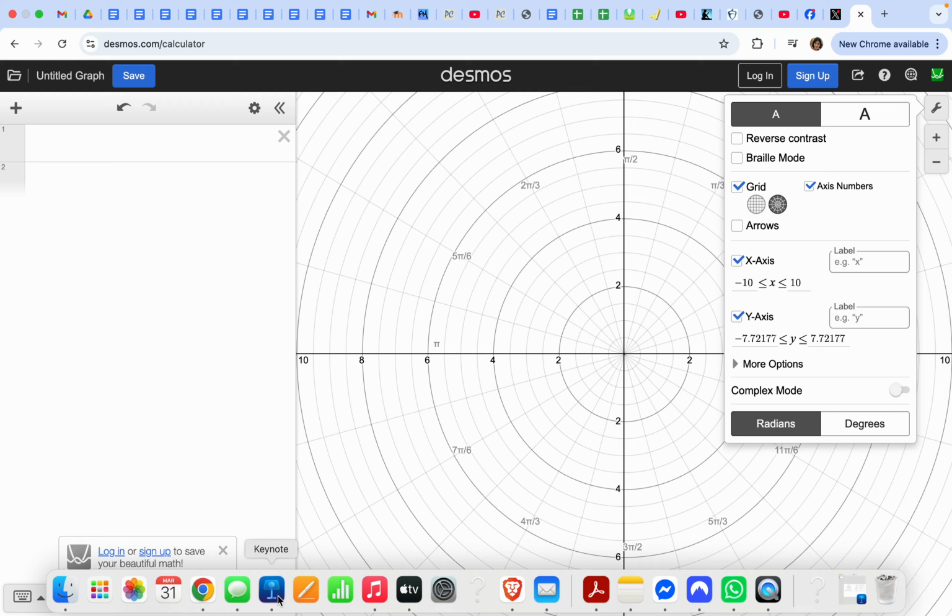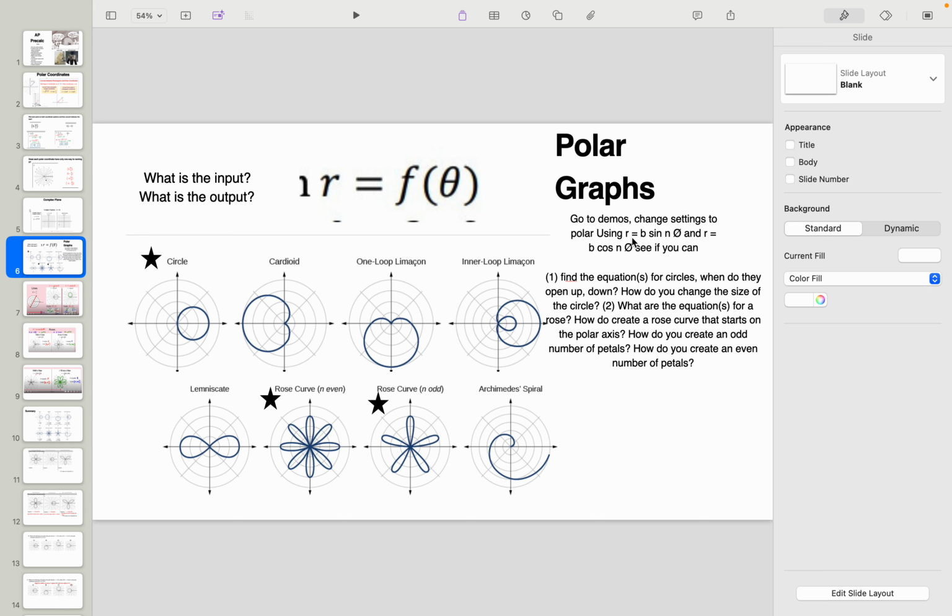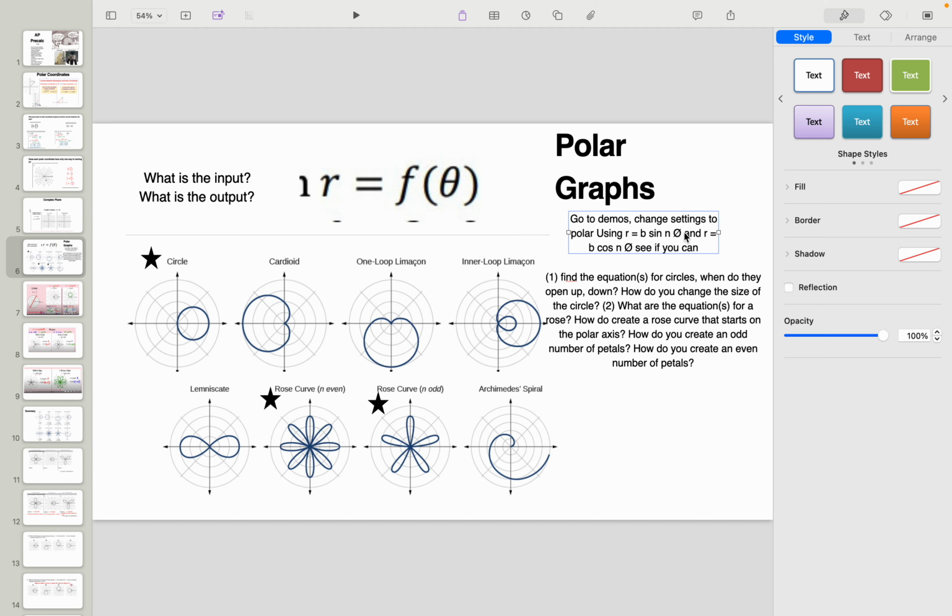That's our first direction here. And the second part is I want to put in r equals b sine. We should talk about this for real quick. When we're doing polar graphs, we have r equals the function. And it's really important to see that our input is the angle and our output is r. So just be careful with that, but we can try these.